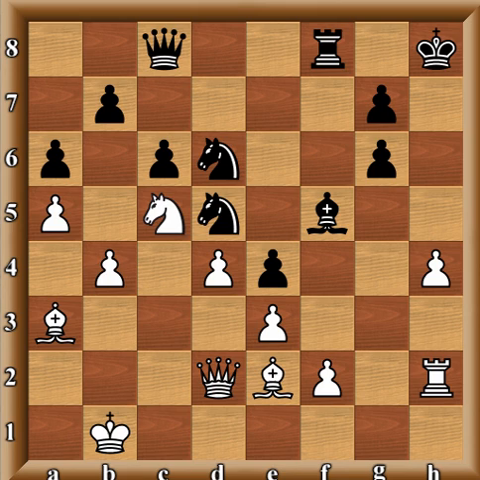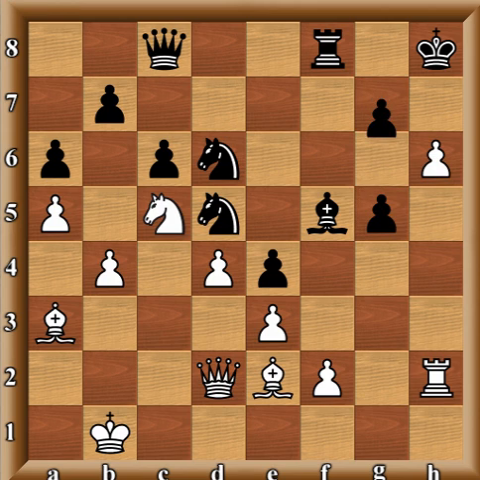But this idea wound up working for him. So after h5, Anand just kept the position closed anyway, which I felt he could have done the other way instead of doubling up these pawns. So g5, h6, and g6. And as you can see, the pawns are doubled, but the position is still closed.